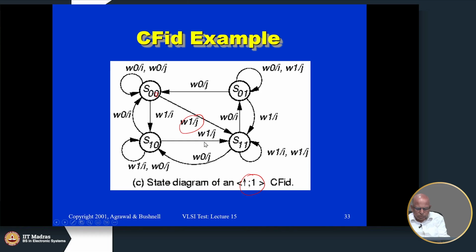So, 1 0 to 1 1, but that is how even a good circuit behaves. See, when you are writing a 1 here from 0, when j is changing from 0 to 1, this should go to 1 1 state, okay. Even because of a fault, if it goes there, we cannot make it out, okay. That is normal, even a good cell will behave like that.